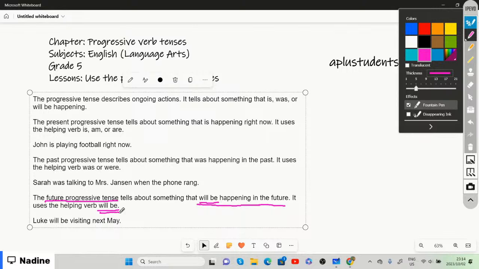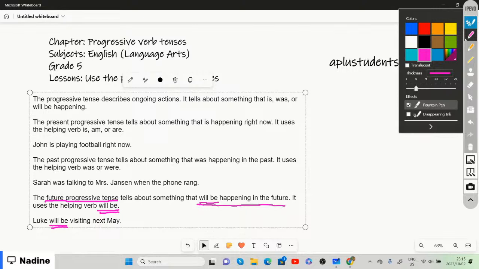An example is Luke will be visiting next May. Which means that next May, probably next year, Luke will be visiting. So Luke will be visiting next May.